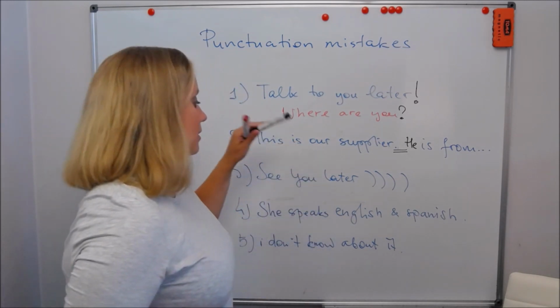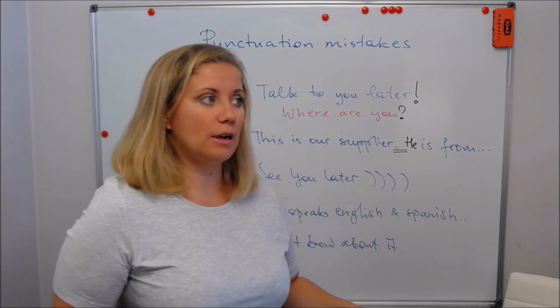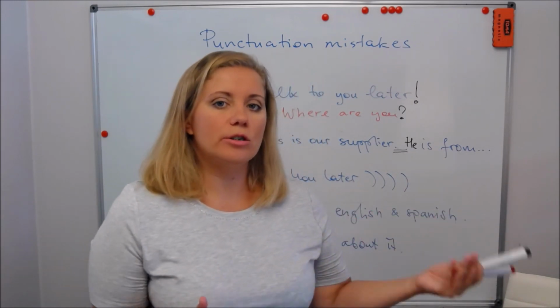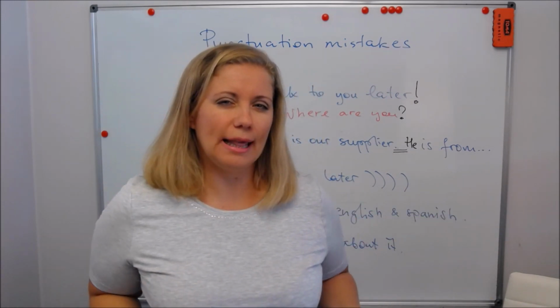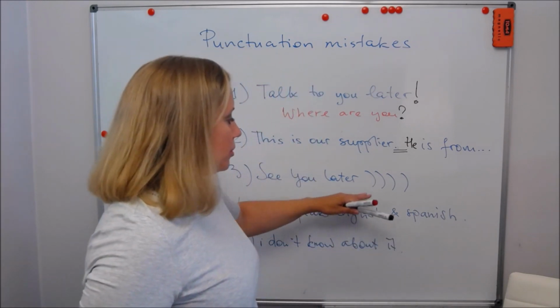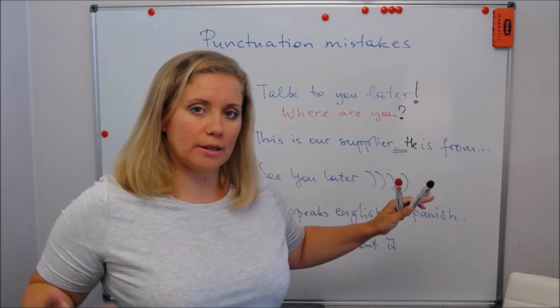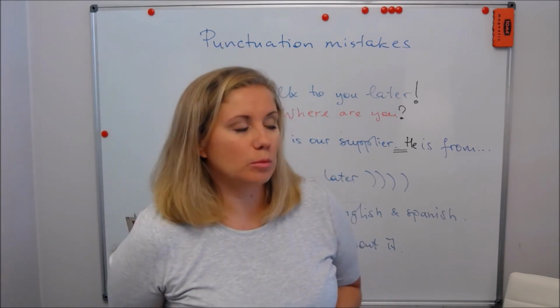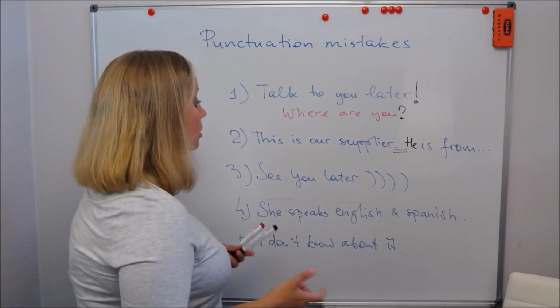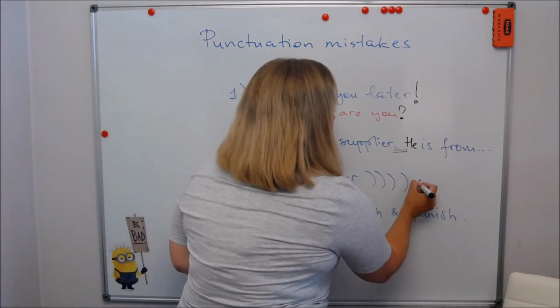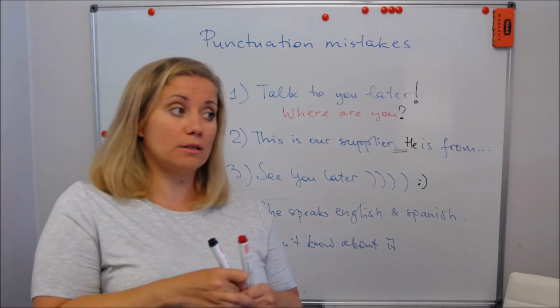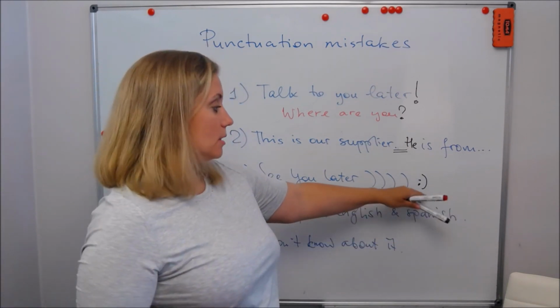Okay, the next one. When we have emails, Skype calls, and so on, in social communication, people lately have started doing this. They put a lot of brackets at the end of the phrase. And this is honestly confusing because, for example, if you put an emoji in some informal dialogue with your friends, with your family, at least I understand what it means.